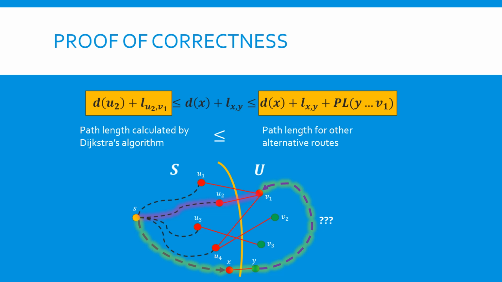Hence, the inequality tells us that to reach V1, the pink path is always shorter than or the same as the yellow path. In other words, the path provided by Dijkstra's algorithm is always shorter than or the same as any other path. It follows that the path provided by Dijkstra's algorithm is the shortest path, and the algorithm is correct.